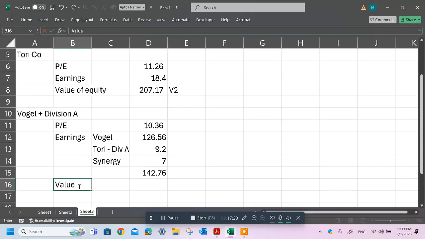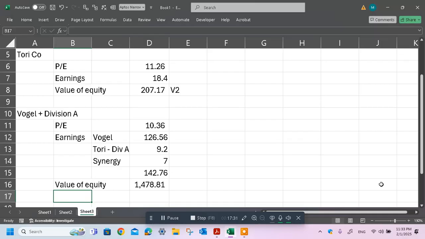Value of equity: earnings multiplied by PE ratio, 1478. Clear? This is what I marked as V3. So 3 valuations are based on PE itself. So simple. Very simple.